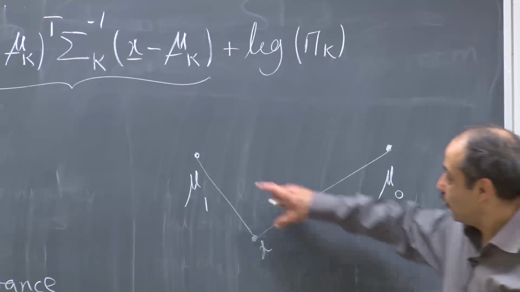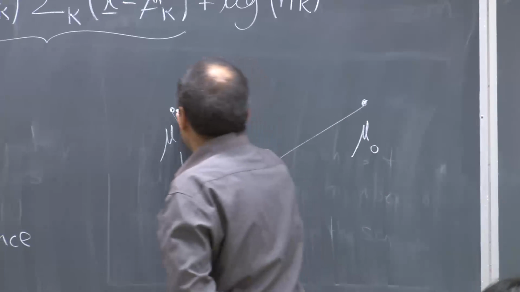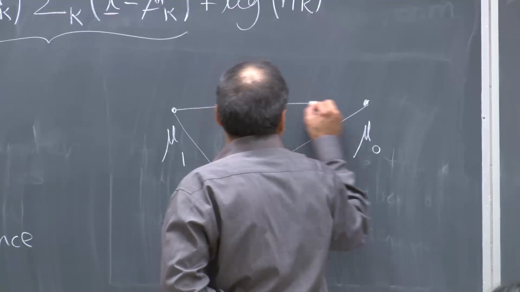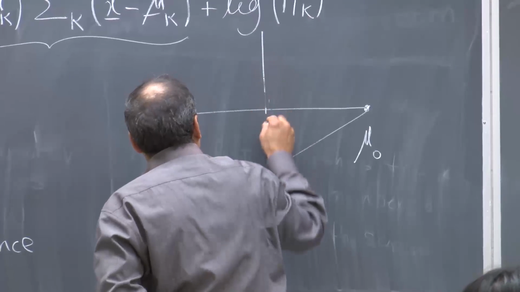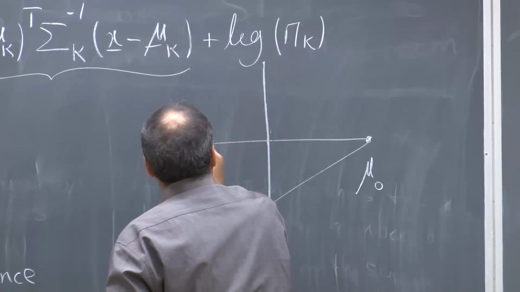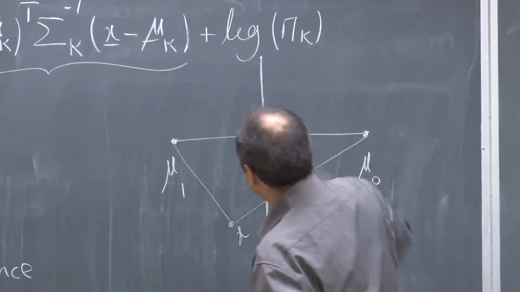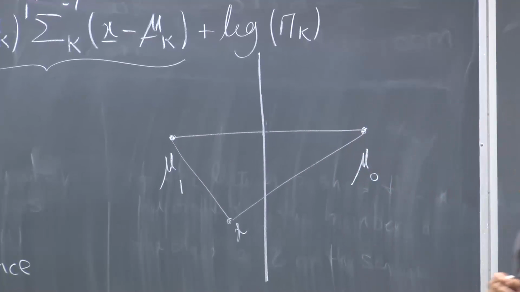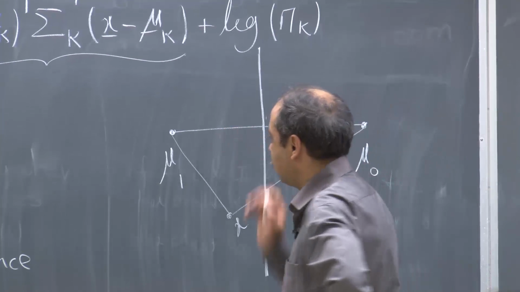The one which is shorter, the point belongs to that class. Okay? So in other words, I can say that my decision boundary is perpendicular to the line which connects mu1 and mu0. So this is my decision boundary between two classes if priors are the same.